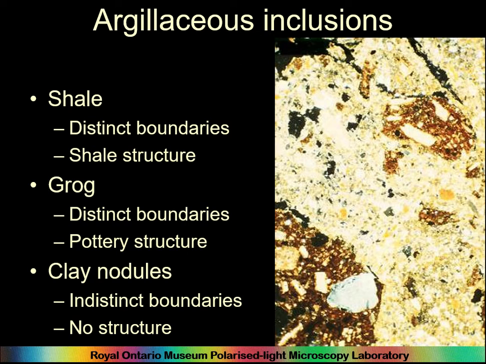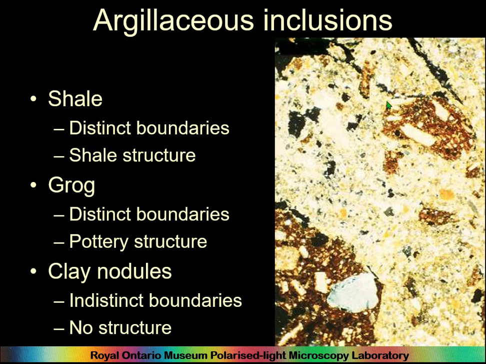But don't forget we're looking at this microscopically, so it's very difficult to get microscopic lumps out of your pottery paste. So the clay nodules will have very indistinct boundaries because they just sort of smoosh into the surrounding material, and will have no internal structure because it's just a lump of clay.